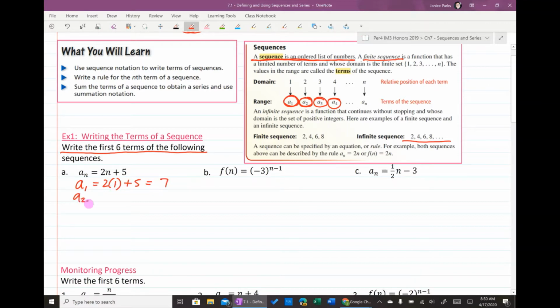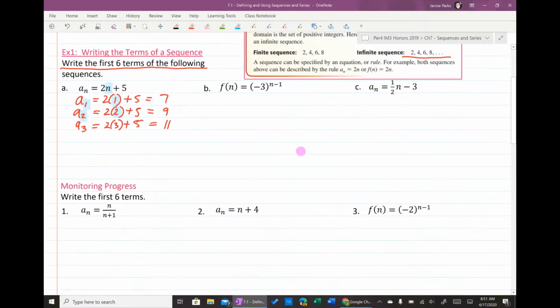Then the second term would be 2 times 2 plus 5. Everywhere there's an n, we get to replace it with whichever term you're on. So for the second term, it's 4 plus 5, so that's 9. When we do the third term, it's 2 times 3 plus 5, so that's 6 plus 5.